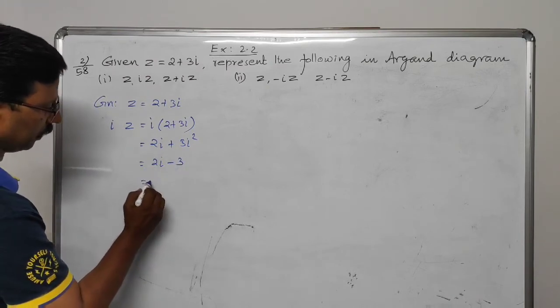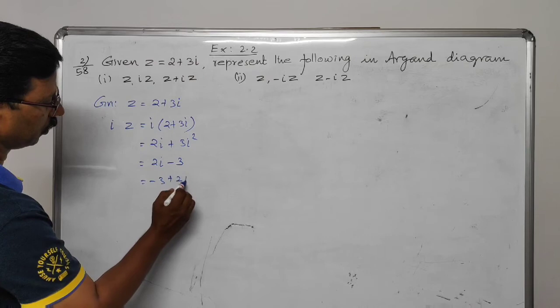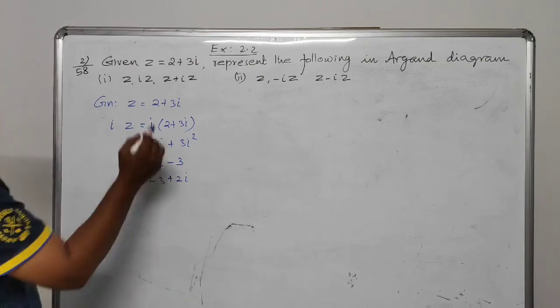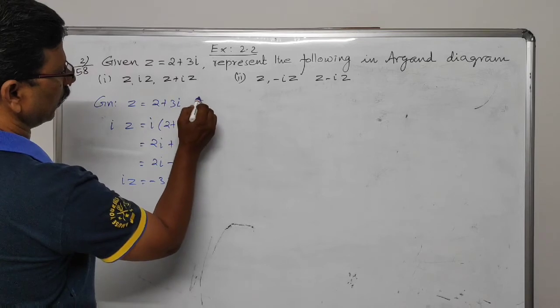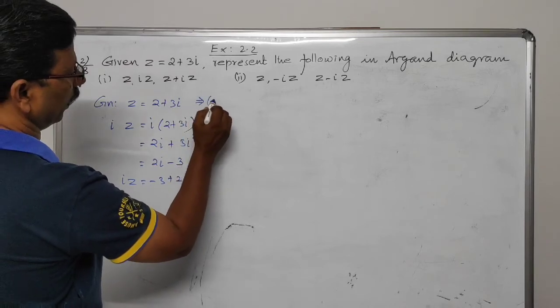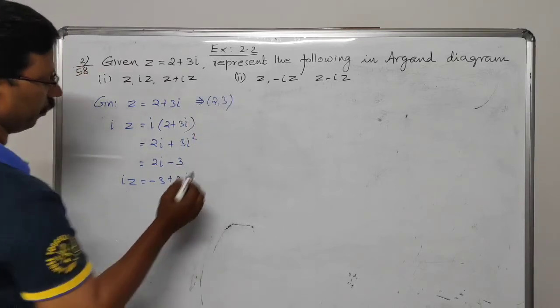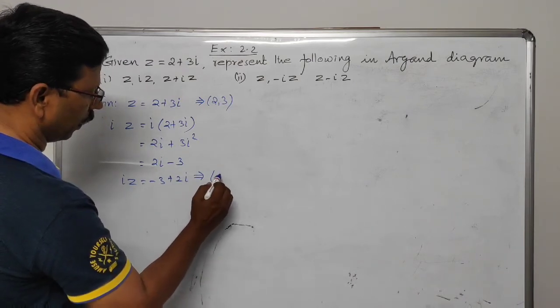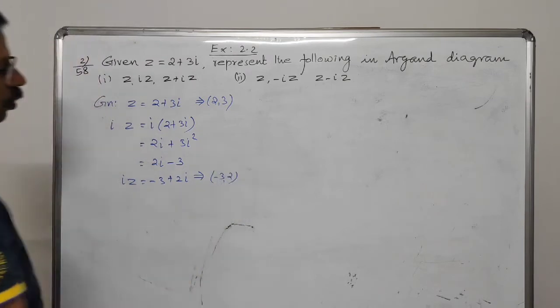Now this can be written as minus 3 plus 2i. This is iz. Now if you represent z as a point, you get the coordinate 2, 3. If you consider iz as a point, you get the coordinate minus 3, 2.